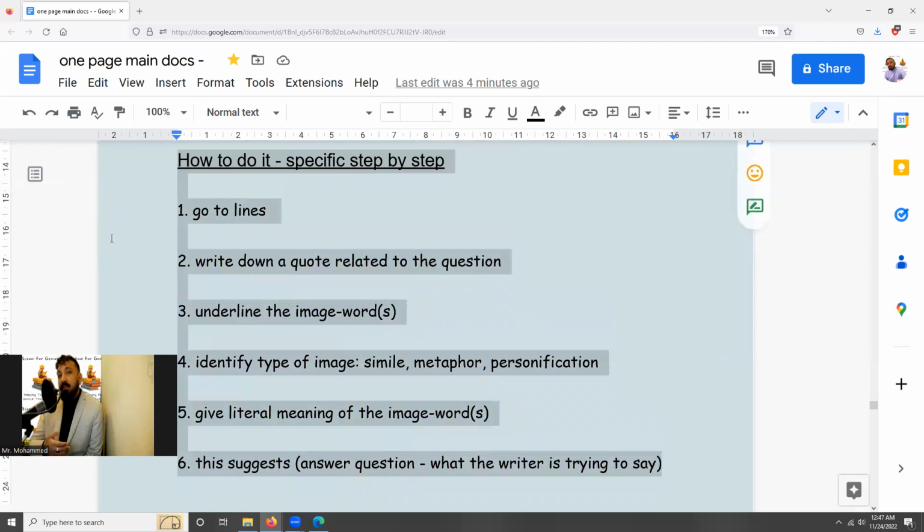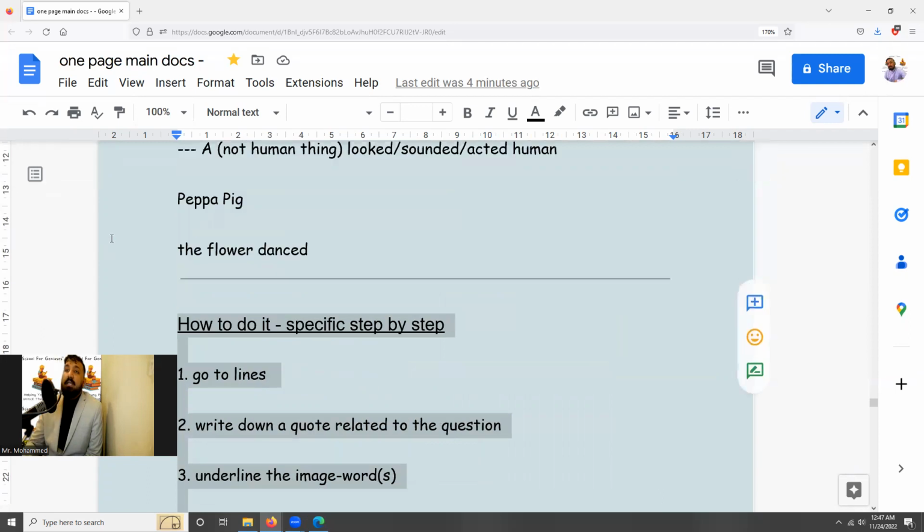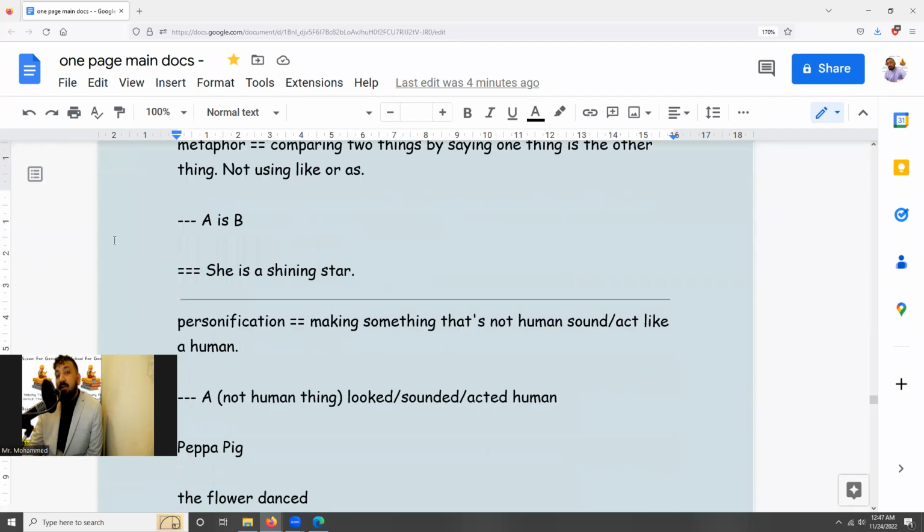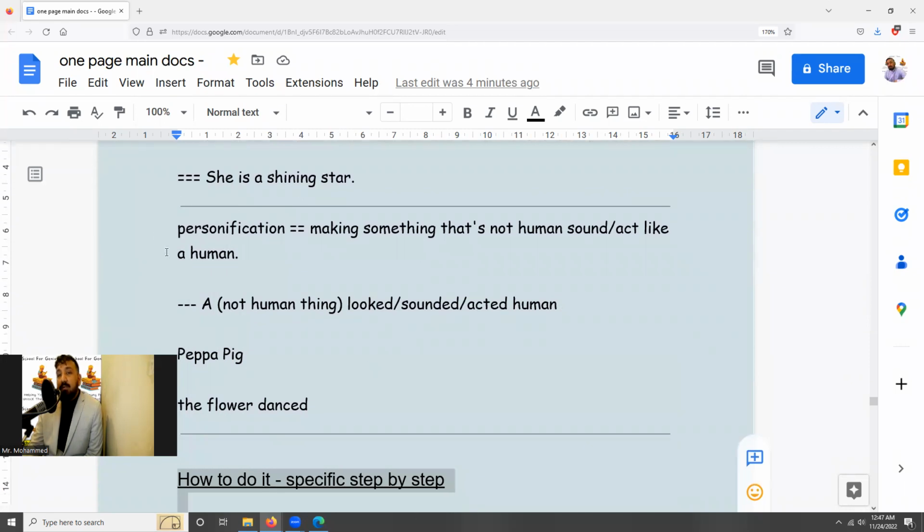For example, the flower danced. The image word there is danced. You want to underline the word that is, you can think about it like, imaginary, yeah? The word that's not real. Like the flower danced. Shining star, yes, star in this case would be the image.